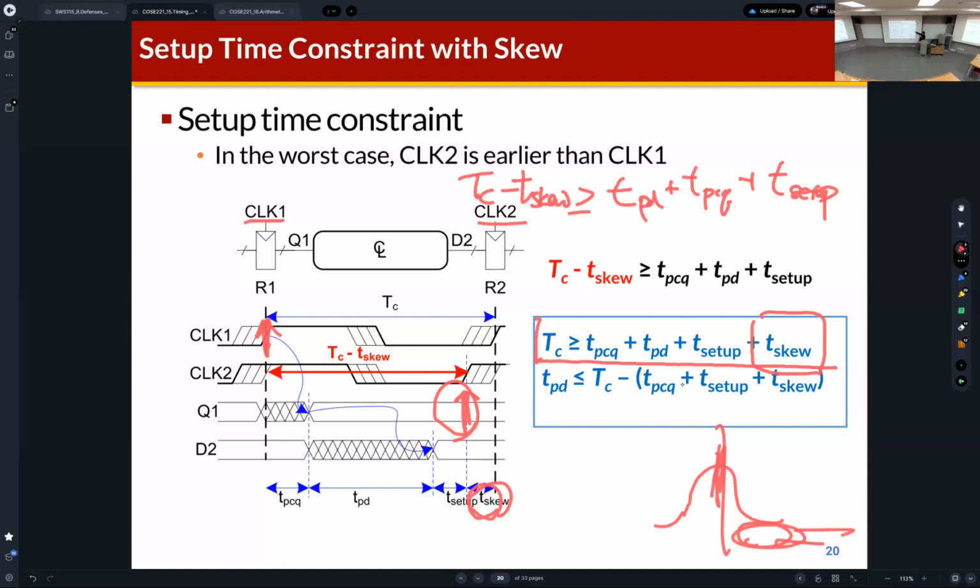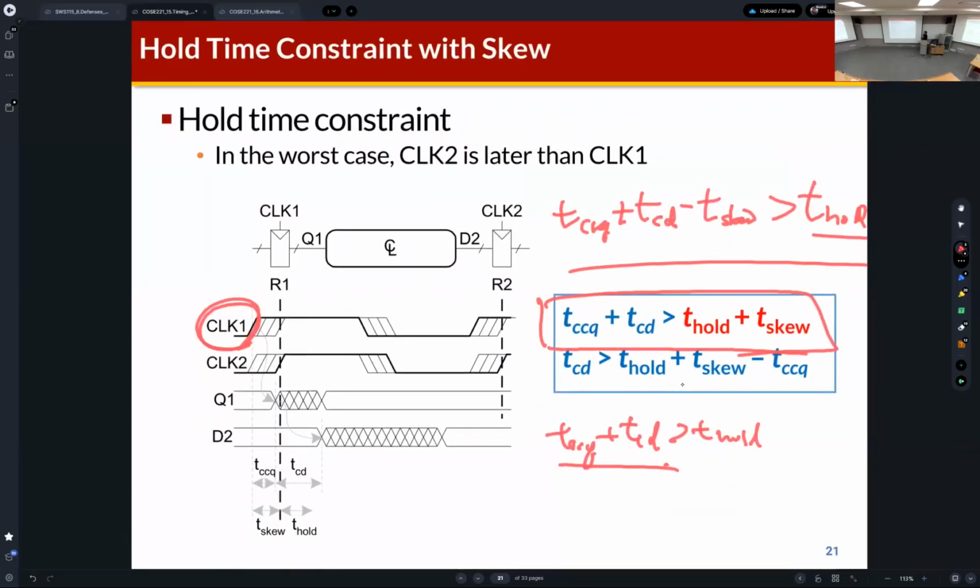This is the equation of the setup time constraint, but when we consider skew, the clock skew is to be included in this setup time constraint equation.